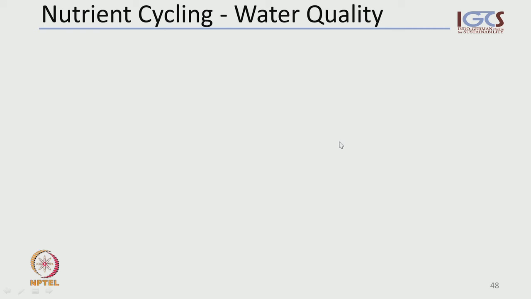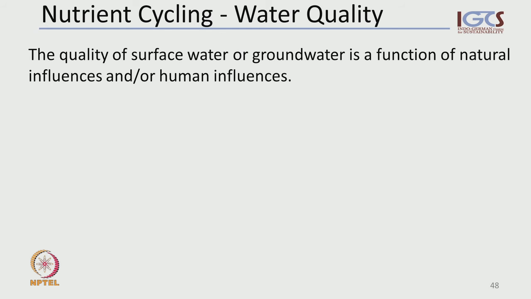Now we have looked at soils. Important to us when we want to talk about river systems is water quality. Remember that we said that water quality is a function of natural influences and human influences.